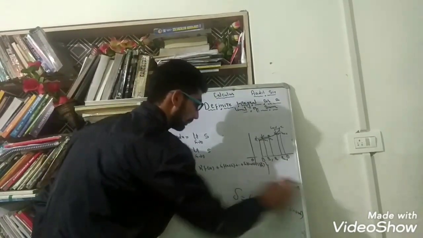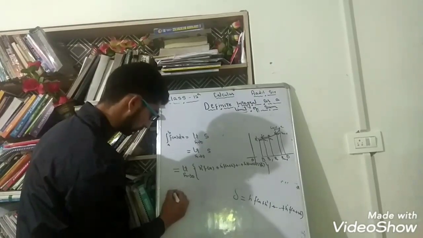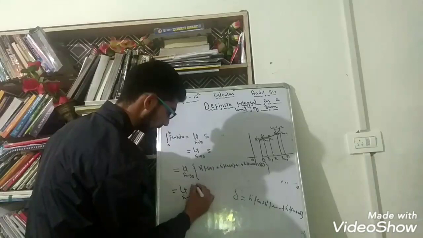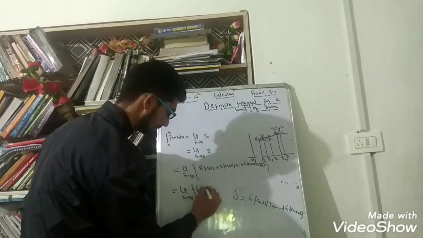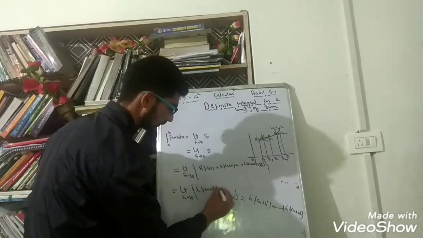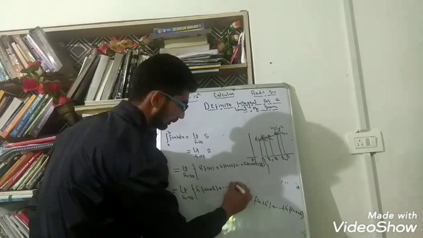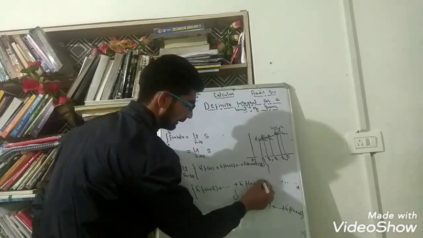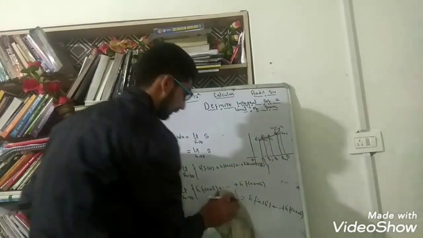The second one I have is capital S, and I will get it equal to also the limit as h tends to 0 of f of a plus h plus so on plus h f of a plus n h.